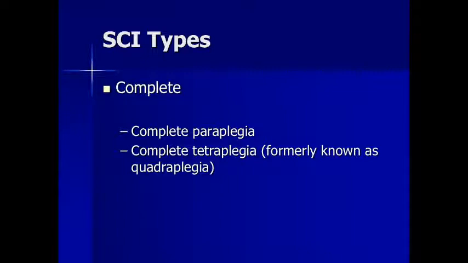Complete paraplegia means you have permanent loss of motor and nerve function at T1 or below: loss of sensation and movement in the legs, and loss of sensation in the bowel, bladder, and sexual region. The arms and hands usually retain normal function. Some people will have partial trunk movement, so they can stand or walk with assistive devices, but most will use self-propelled wheelchairs.